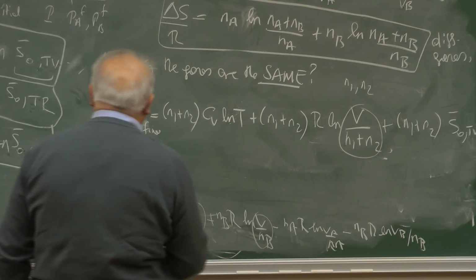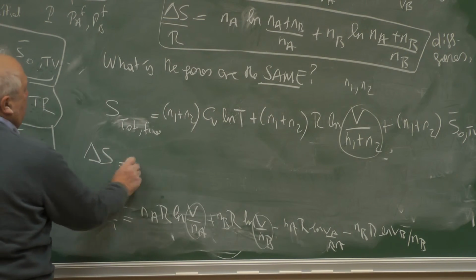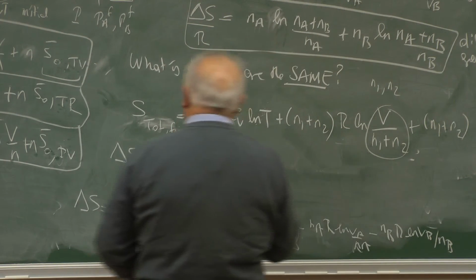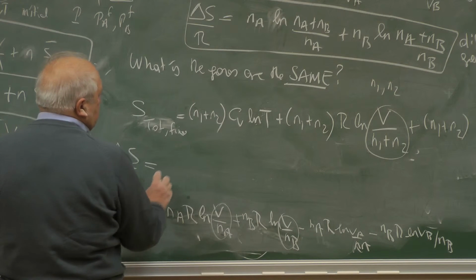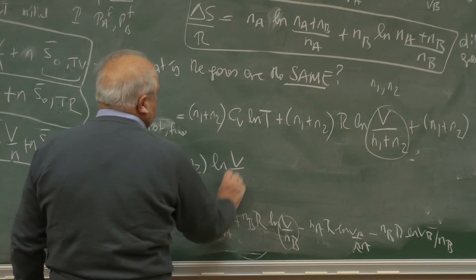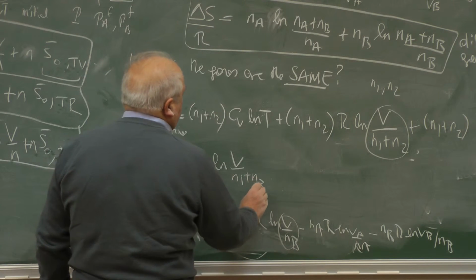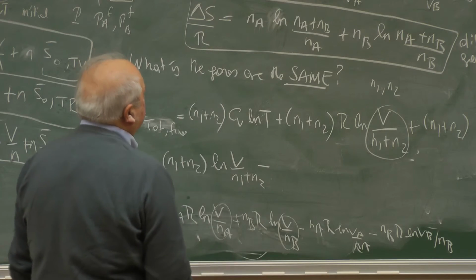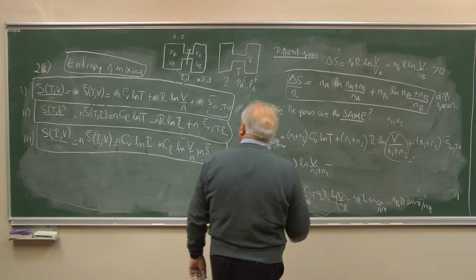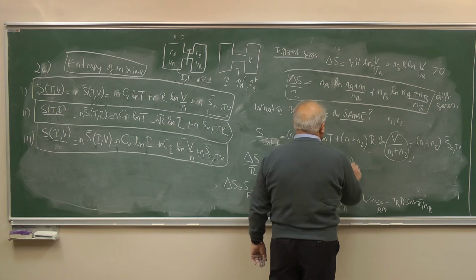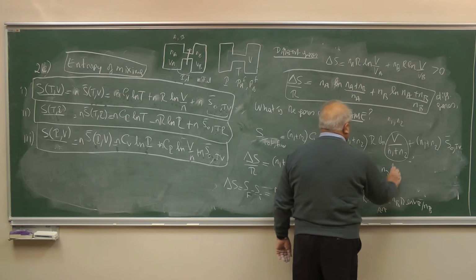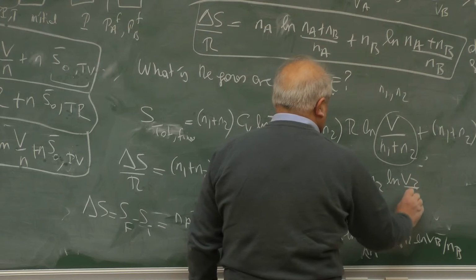Okay. So delta S is equal to this cancelled, that cancelled. And I divide by R. So N1 plus N2 log V over N1 plus N2, minus N1 log V1 over N1, minus N2 log V2 over N2.